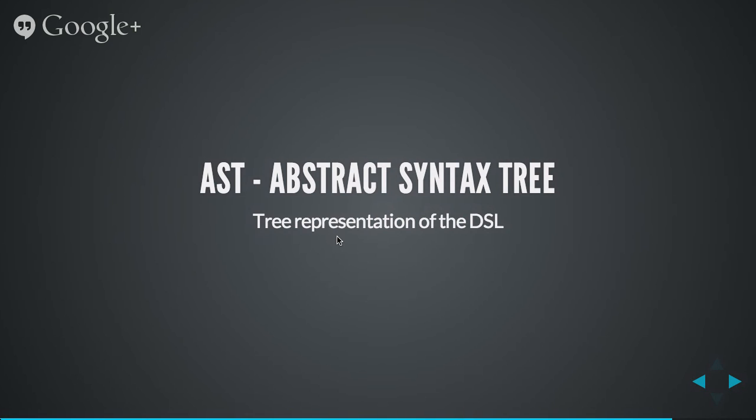So let's say, for instance, you were doing a JavaScript grammar, right? Let's say you had a rule for what a variable looks like. So that would be like var abcd or something like that.